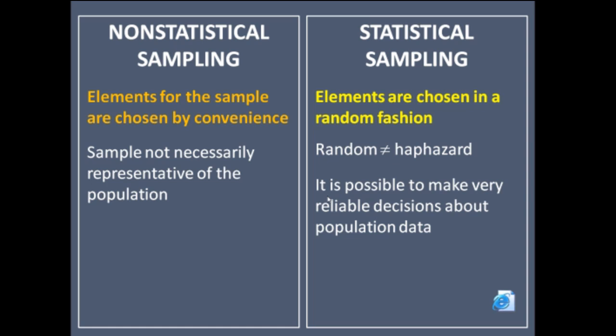Only a very select group of people would go to the Globe and Mail and participate in their poll. That is definitely a non-statistical sample. I'm not going to get an accurate cross-section of the entire population of Canada. So randomness is the key distinction between statistical and non-statistical. So why would we bother taking non-statistical samples if we can't make assumptions about the population from them anyways? Well, they can be quite useful in various things.